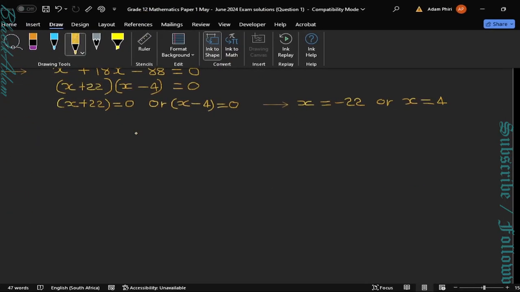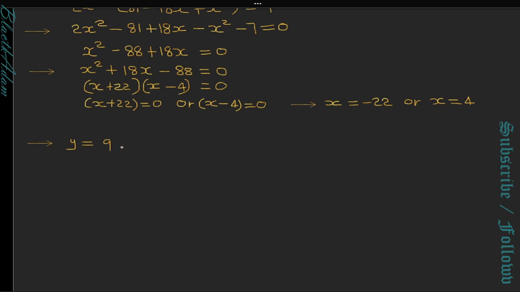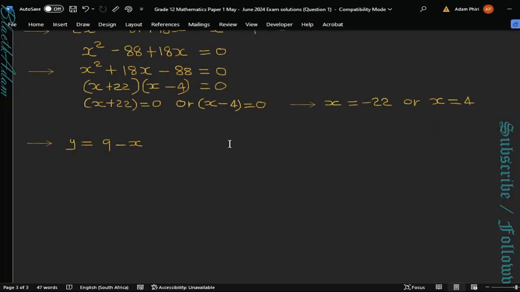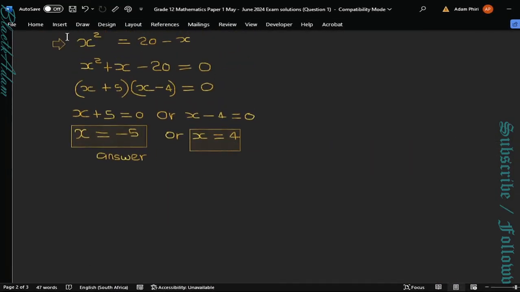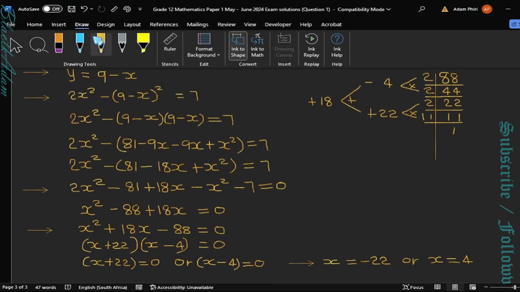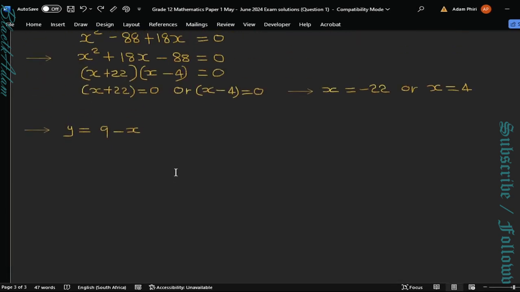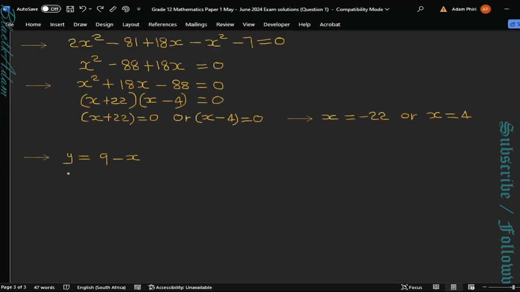So now we need to find the values of y. So we take the equation there, which is y is equal to 9 minus x, from the first equation. So this is the equation that we found. Then we substitute the values.